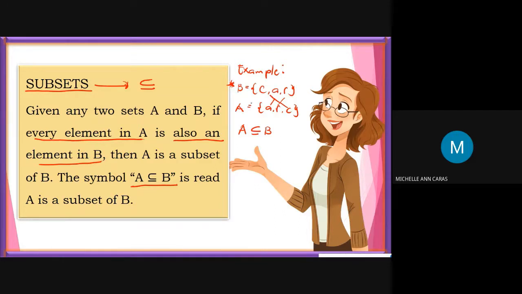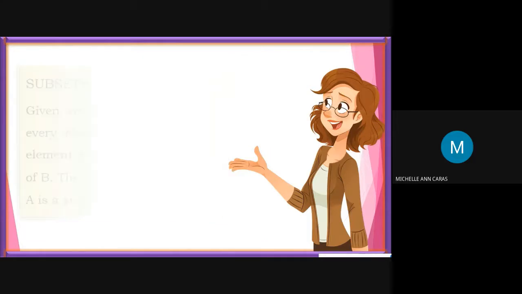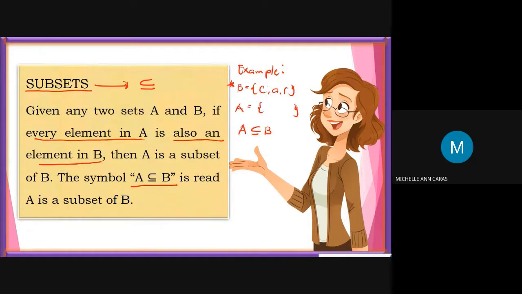So halimbawa naman class, what if we are given this example? Okay, elements ni B are 1, 2, 3. Kay A naman daw, ang elements niya are 2, 3, 5. Okay. So, supposing we are given this kind of example. As we see here, sa aton nga value, ang element ni A includes 2.